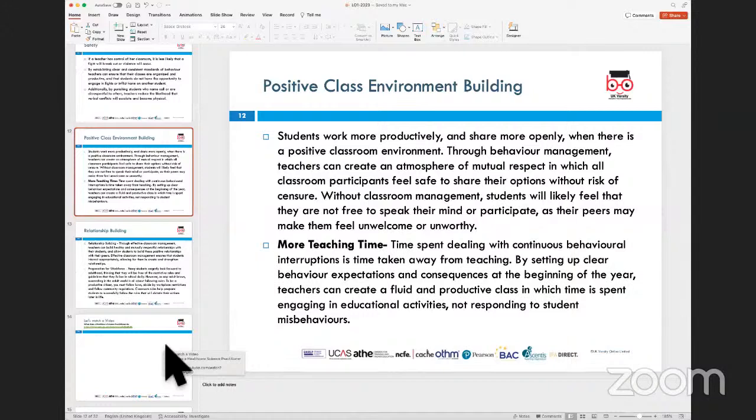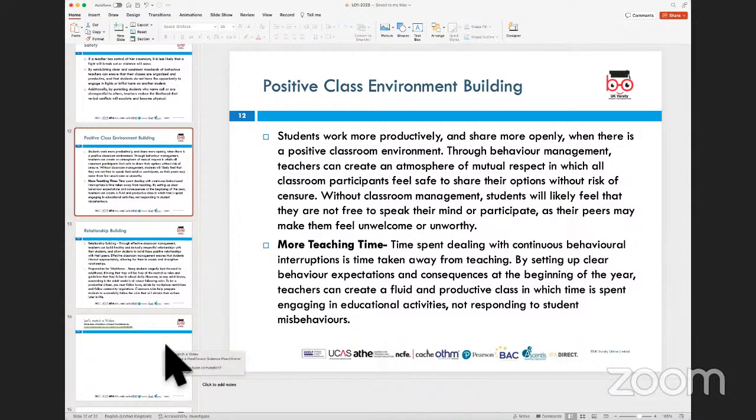Now, we would also look at that sometimes more teaching time, in terms of teachers spending more time in teaching and setting up positive aspects of teaching, which could be through activities or group activities which allow learners to mingle, and also to interact with each other to be able to learn skills, would be more productive.